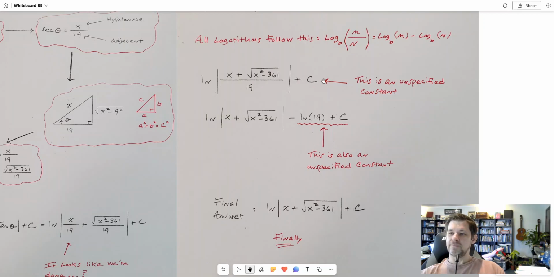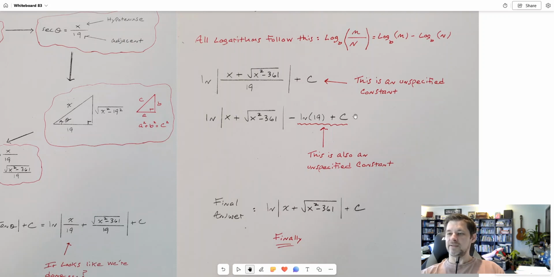But then, what did I say that c was? C is some unspecified constant. It's just there to account for the fact that there's a constant that could be there, all right? But, you know, I don't know what it is, and I don't have the information to figure it out. So if I take this out, natural log of 19, it is also a constant. It could be absorbed into this without any problem.